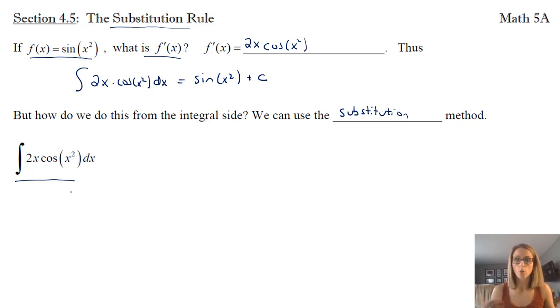And typically this is called u, so this is often called u substitution. You'll see that term as well. And what it requires us to do is look at an integral and say, do I have something, and do I also have the derivative of that something? And if you have something, and you also have the derivative of that something, then the substitution rule may be the method you need to use.